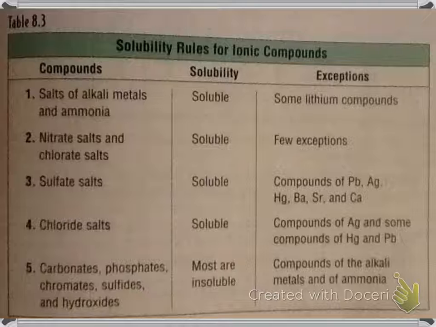Number 1 says the salts of the alkali metals and ammonia. Well, to use that rule, you need to remember who the alkali metals are. Remember, the alkali metals are group 1 or 1A. And ammonia, this is that polyatomic ion you have memorized, ammonium.